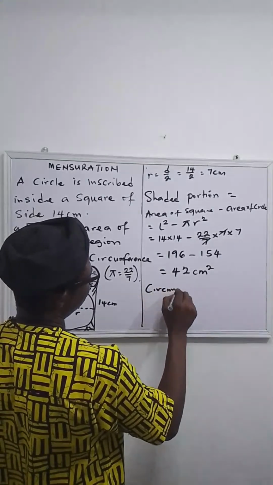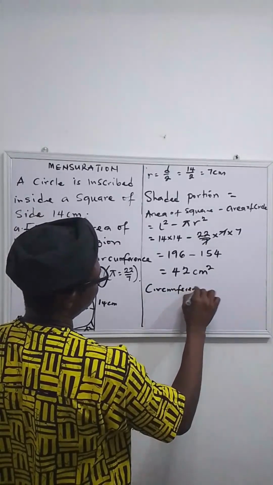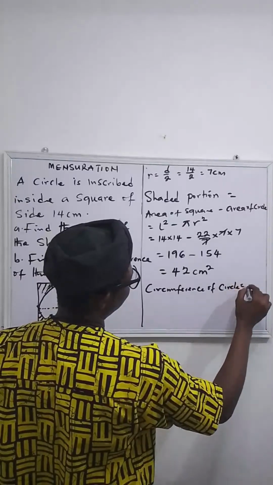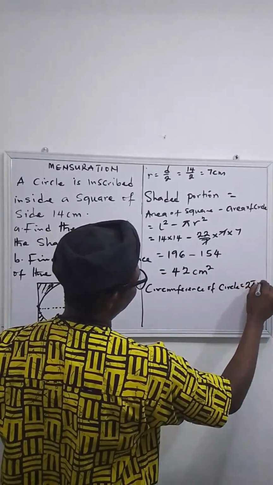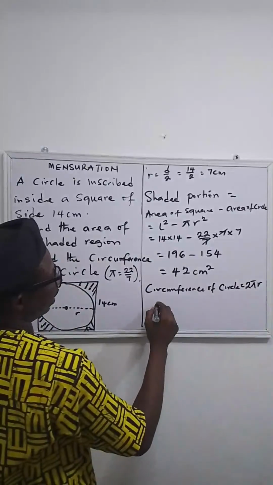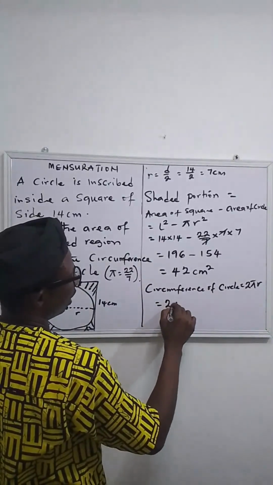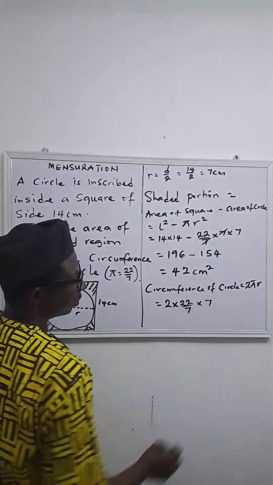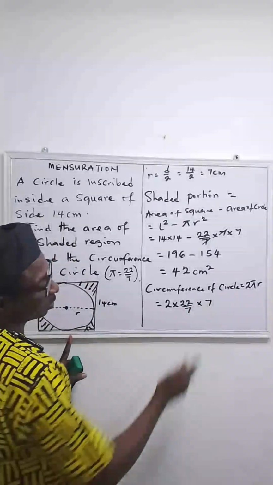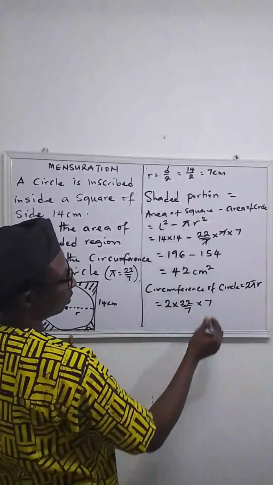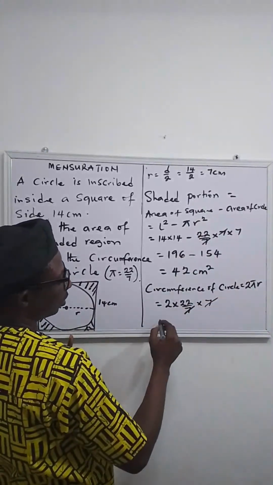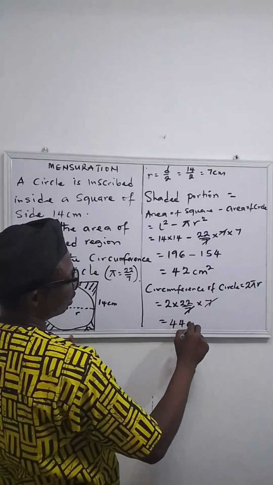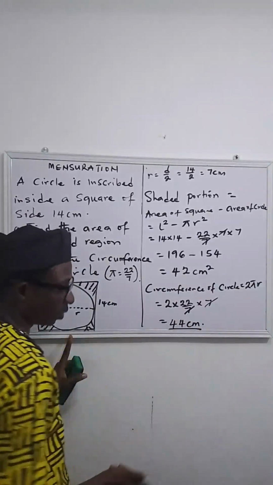Circumference of circle is 2 pi r. Okay, so and that gives us what? 2 times 22 over 7 times 7. All right, 7 is the radius, we have that. So this we cancel this. So we have what? 44 centimeters. So this is going to be the answer to the problem.